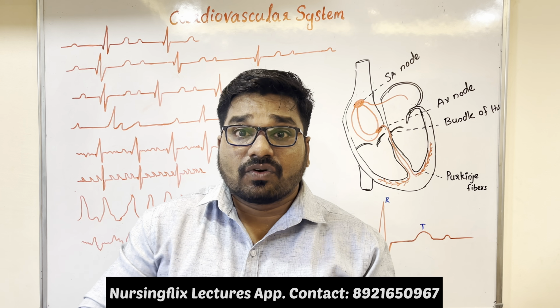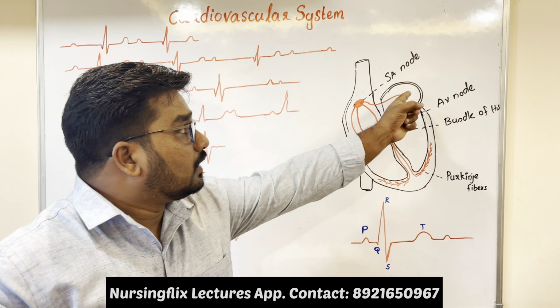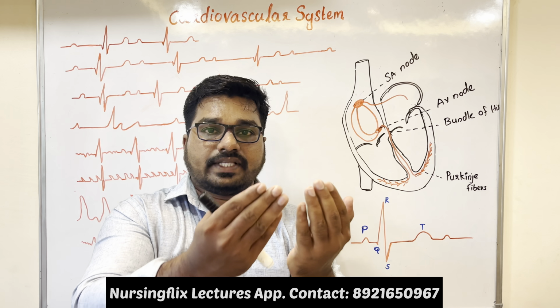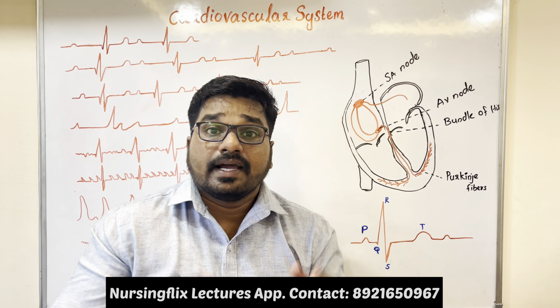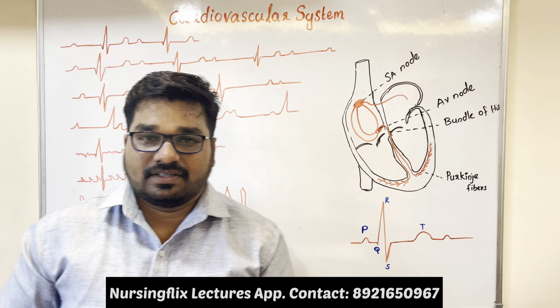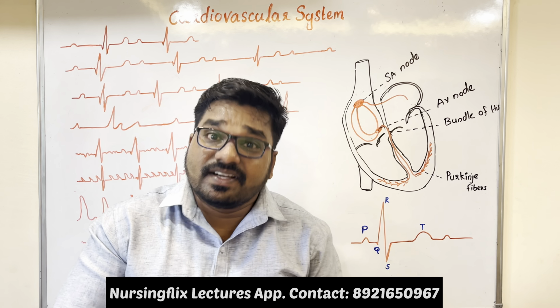Ventricular hypertrophy. See, the SA node will initiate the electrical impulses. Through its branches, it will transmit throughout the atrium. This is called atrial depolarization. It may take around 0.1 second, which will result in atrial systole. Clear?